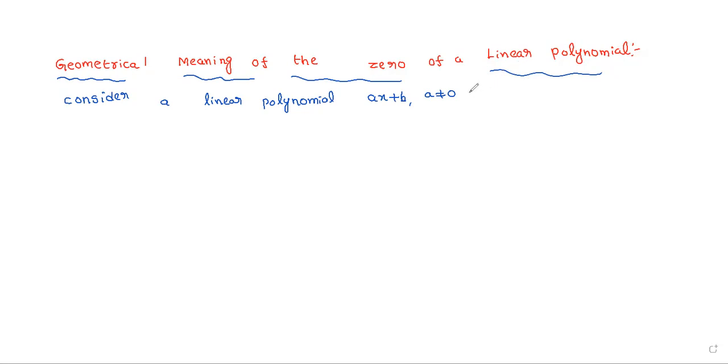We know that the graph of y equal to ax plus b represents a straight line. Very important: the linear equation represents a straight line.